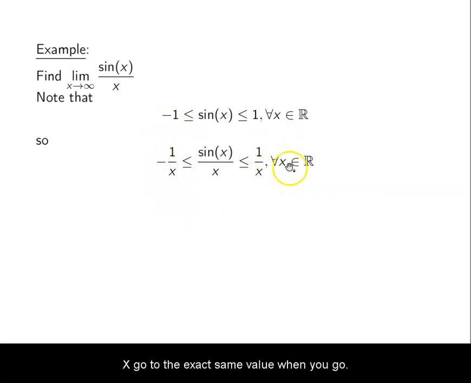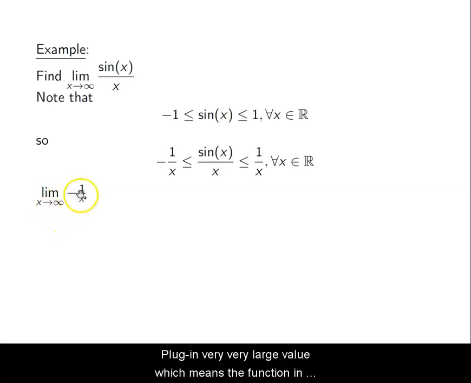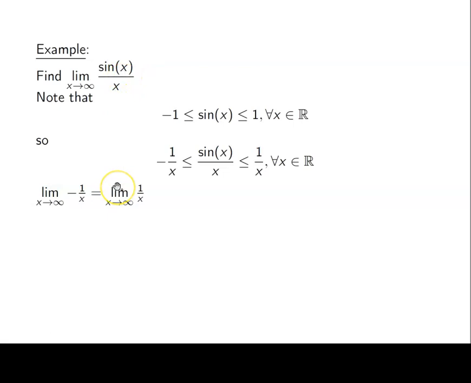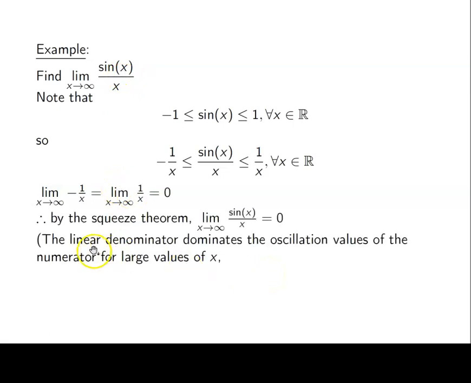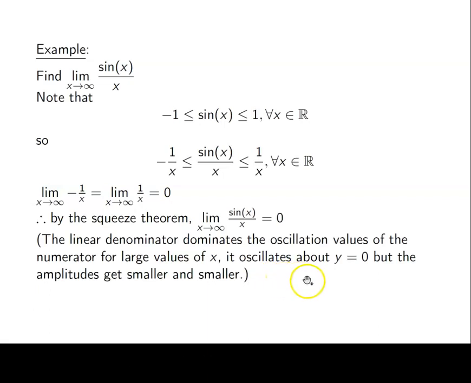Negative 1 over x and 1 over x go to the exact same value when you plug in very, very large values, which means the function in the middle, my function, has to also go to that limit. So the linear denominator dominates my oscillating values of the numerator for large values.